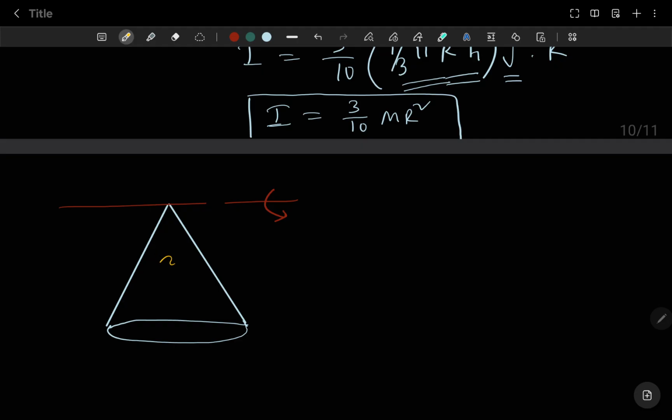We already know we have to take a strip like this, which is a disc, a slice. So this is y and this is dy.